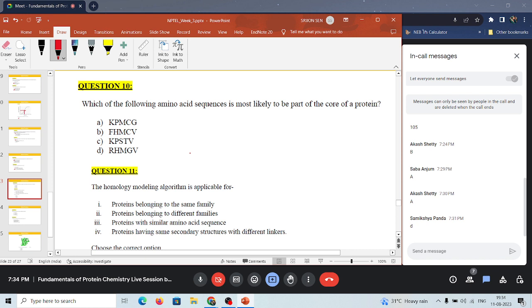Hydrophobic residues are the ones which have nonpolar side chains or nonpolar side groups. So try to recollect what was taught to you in the previous two lectures. There we spoke about the charged residues, the polar group residues, polar side chain residues, and tell me which is the right option.